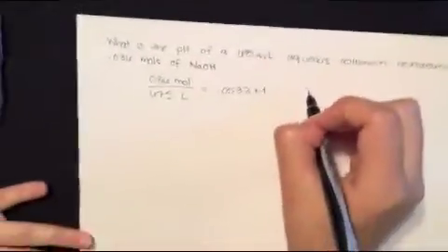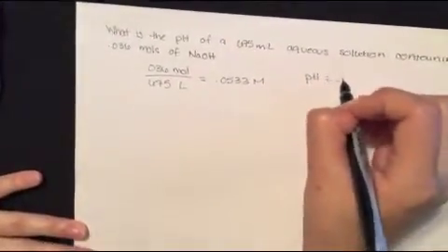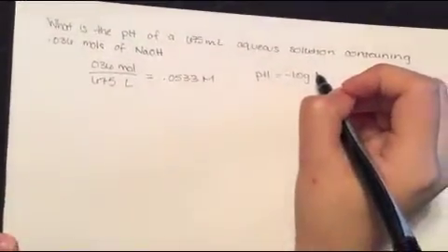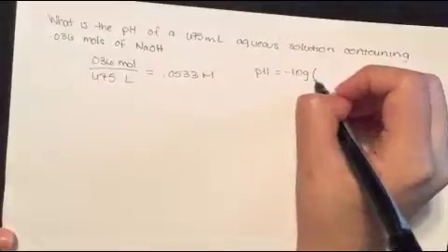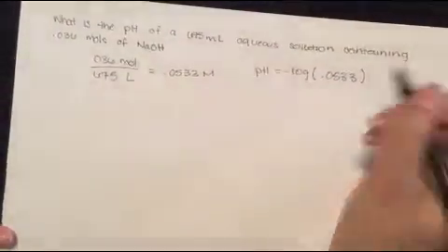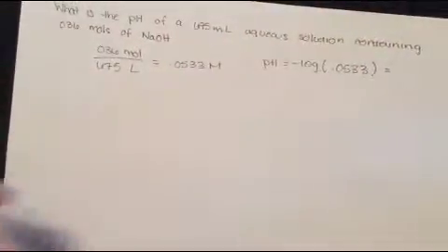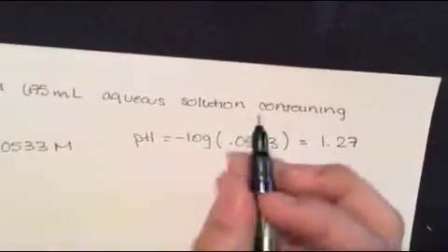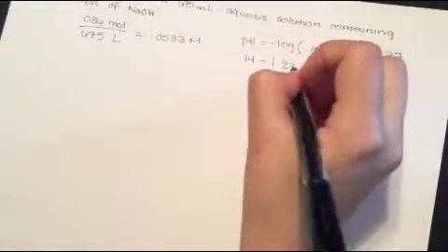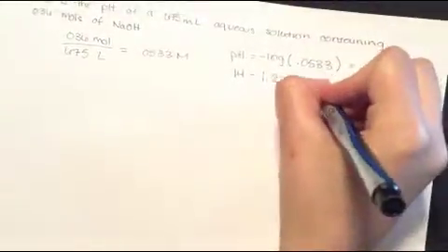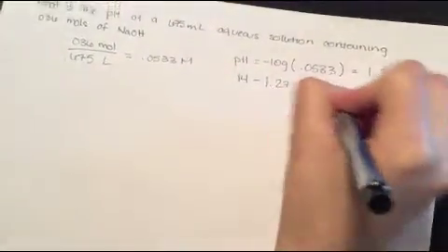And then you use your pH equation. And this is going to give you the pOH, which is 1.27, and then you subtract it from 14 to get your pH, and this equals a pH of 12.73.